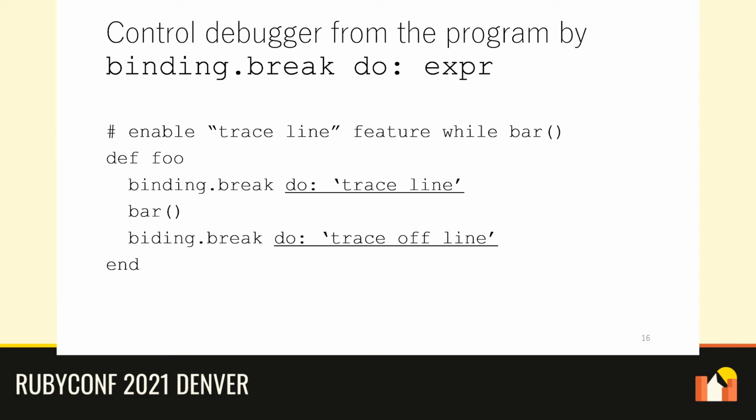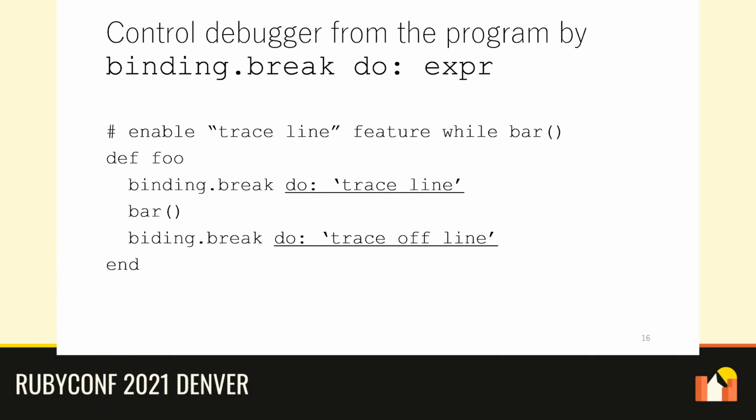Another interesting idea is using the binding.break method with a do keyword. If the do keyword is given, it doesn't stop the execution but executes the debug command. In this case, it enables the trace feature before the invocation of the foo method and disables it after the method.